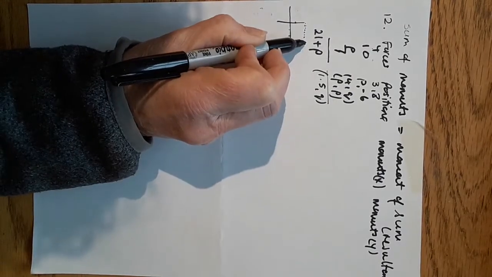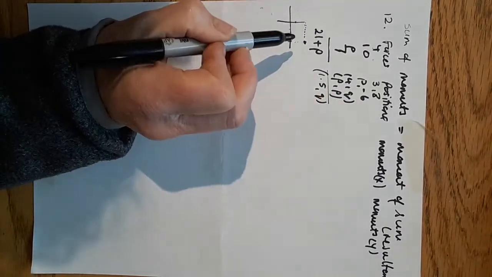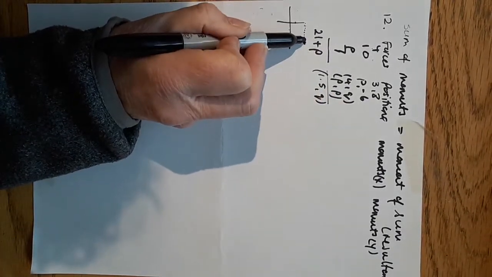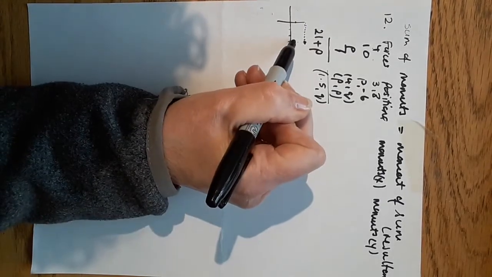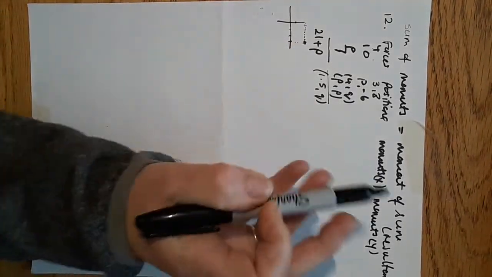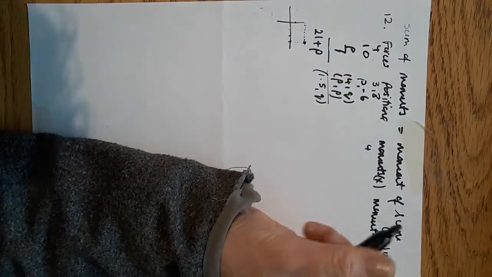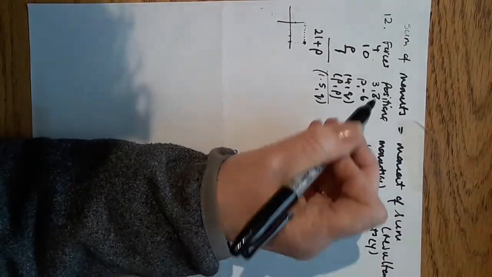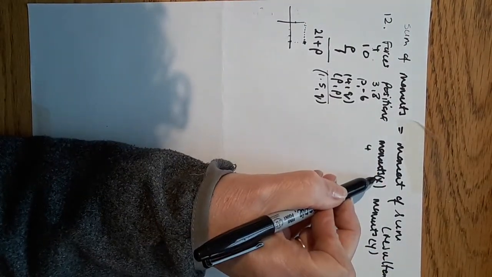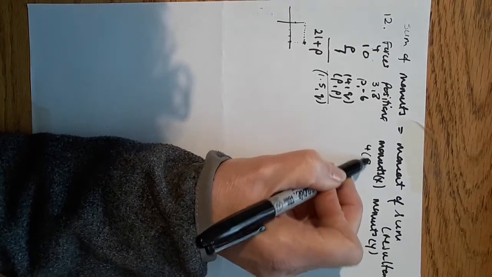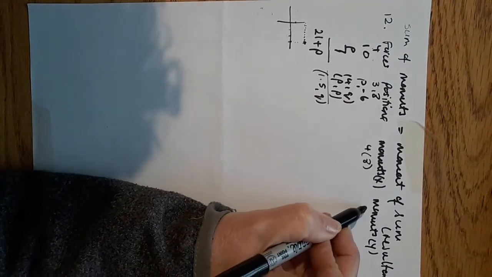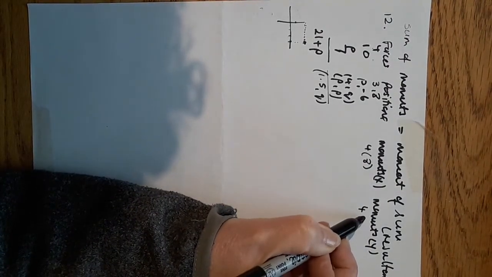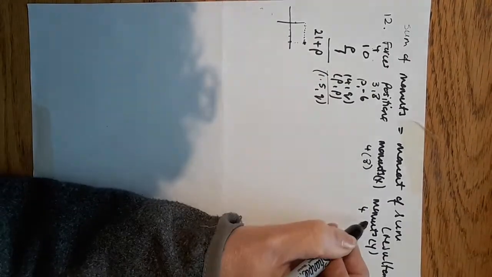To find the moment, that's force multiplied by the distance from the axis. The distance from the x-axis is 8 units, and its distance from the y-axis is 3 units.